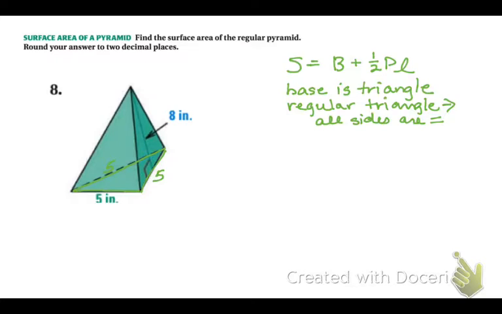We have the base is a triangle, so the area of a triangle is 1/2 the base times the height, and what we'll do is we'll draw our base. We know we have 5, 5, and 5. Our base is equal to 5, and our height is equal to 5.